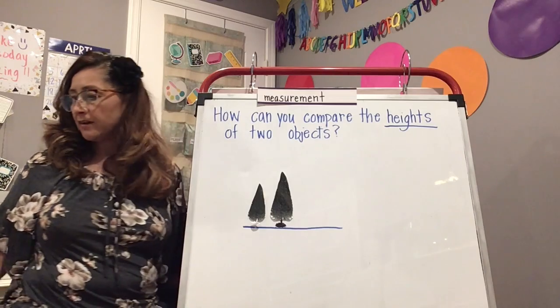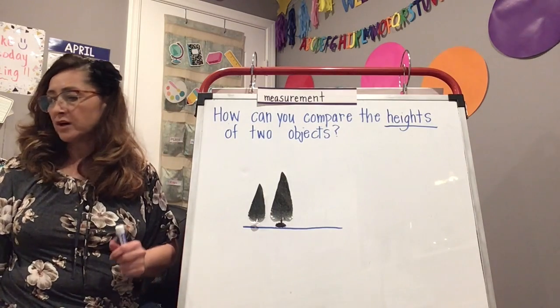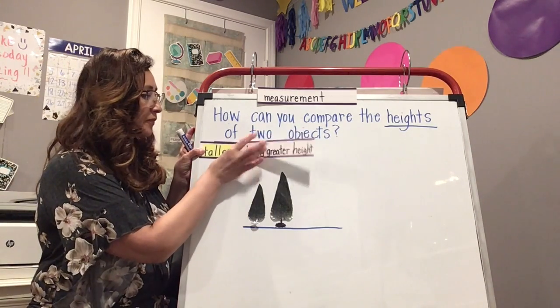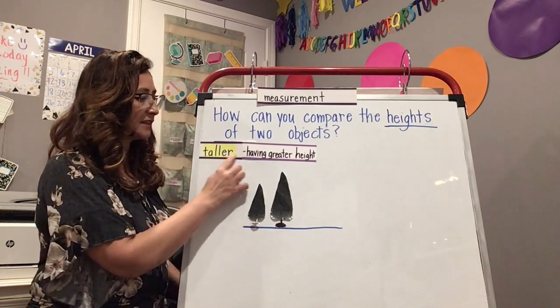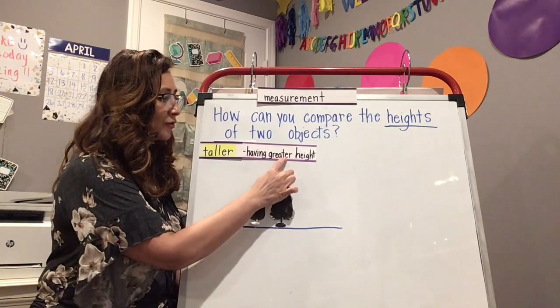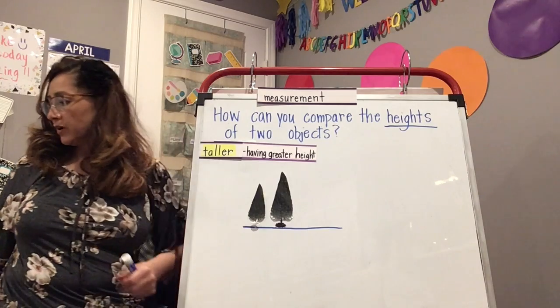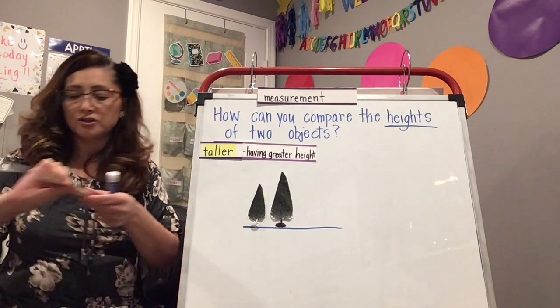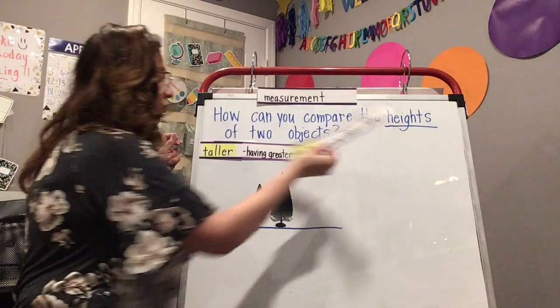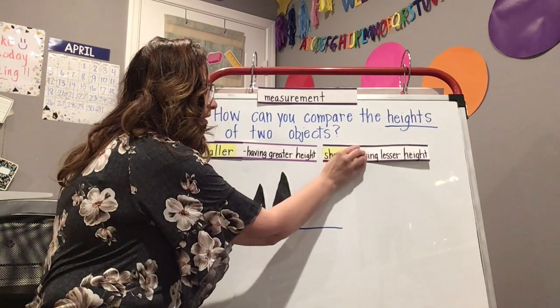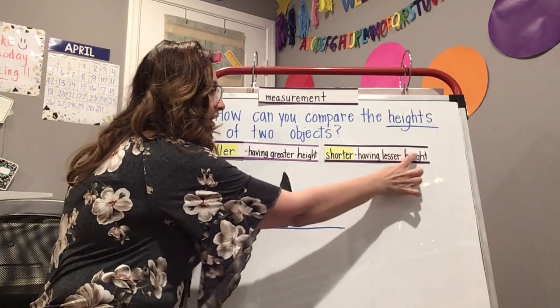So now let's take a look. When we compare them, we're going to use the word taller, because taller means having greater height. And we're going to use the word shorter, because shorter means having lesser height.